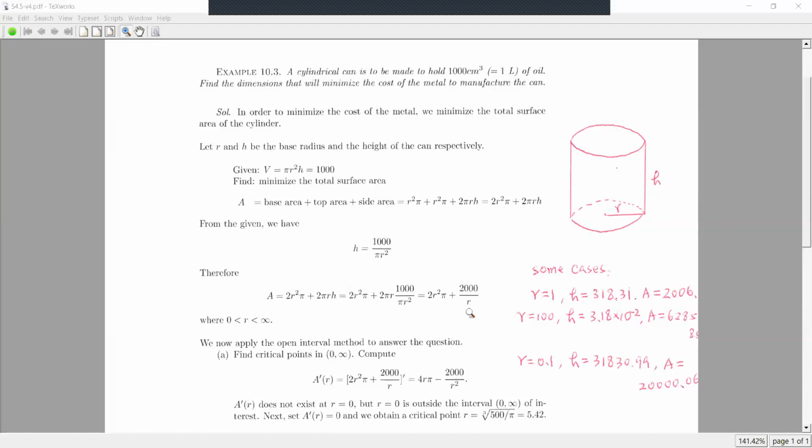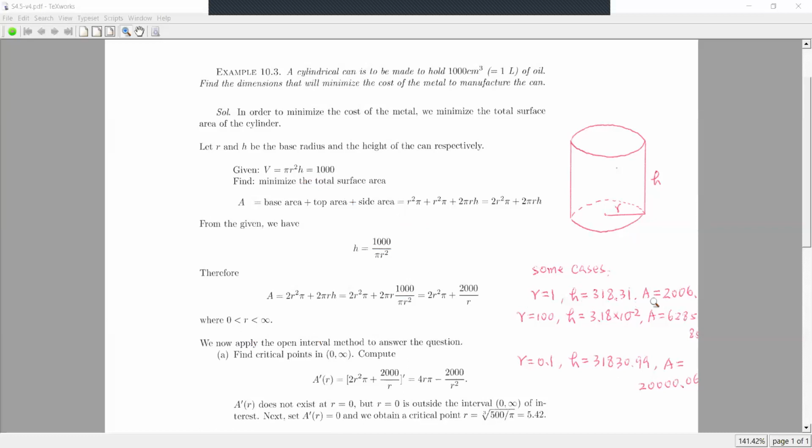The radius r can be any number between 0 and infinity. For example, you can set r to be 1. To keep the volume 1,000, then h has to be this number.